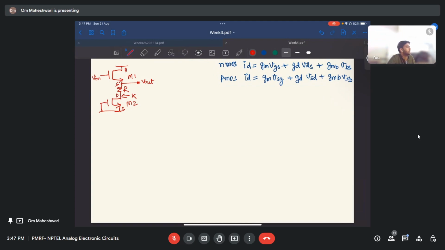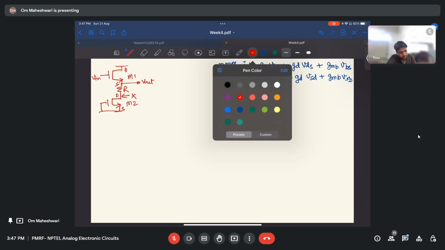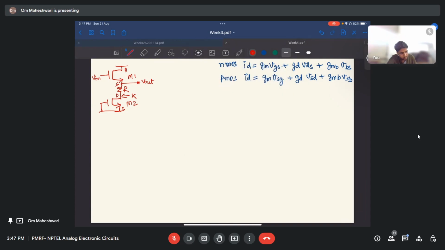Question 6. So for solving this also, I'll use the same equation. So these both are NMOS only. So let me just erase this. Okay. So let us take it as I1, I2.